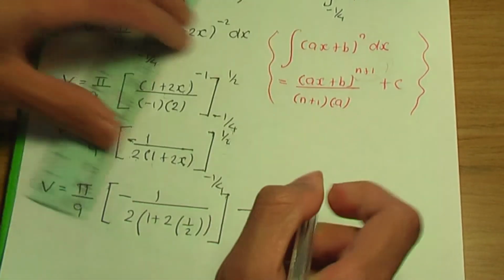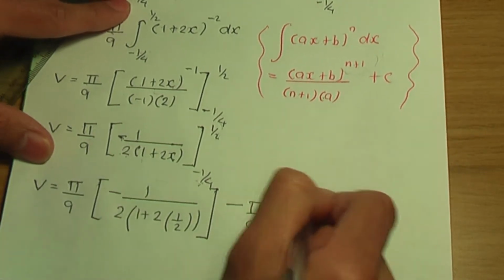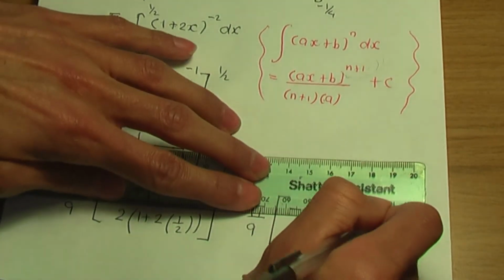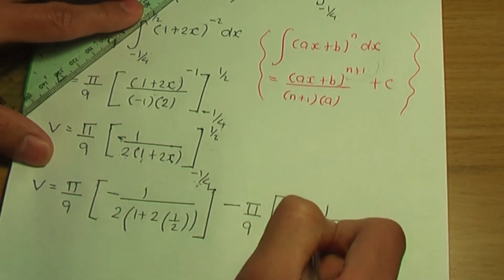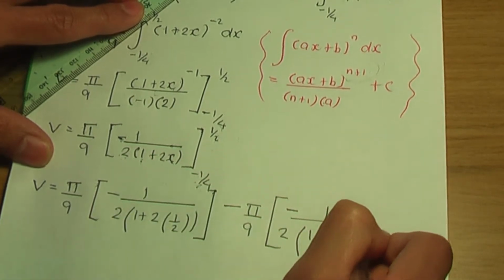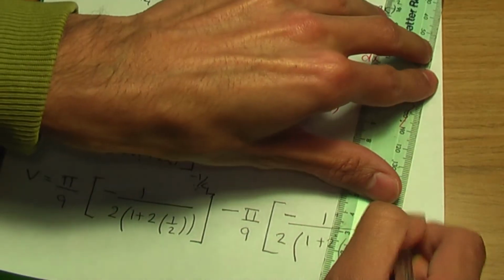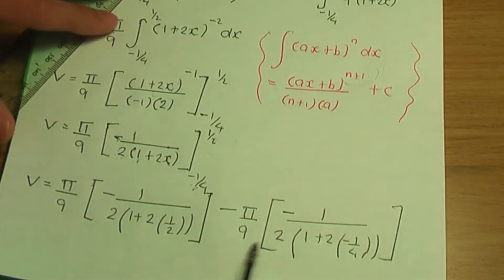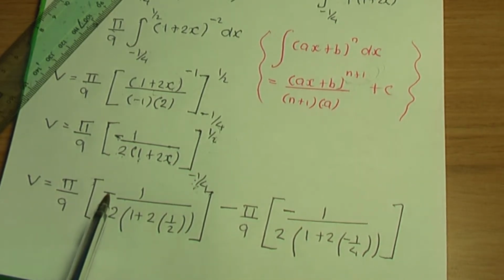And upon replacement of the lower limit, which is minus a quarter, we'll have minus 1 over 2 into, let's open up another bracket, 1 plus 2 into x, which is minus a quarter. That is what you should have upon replacement of the lower limit.